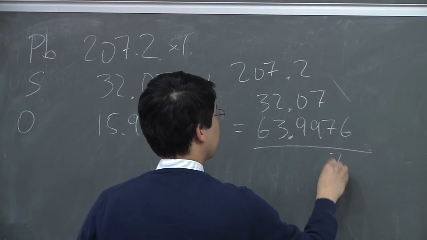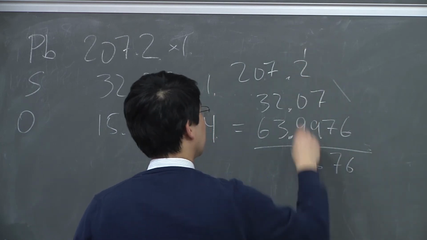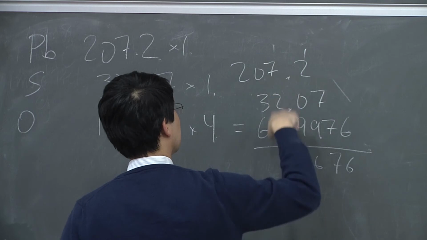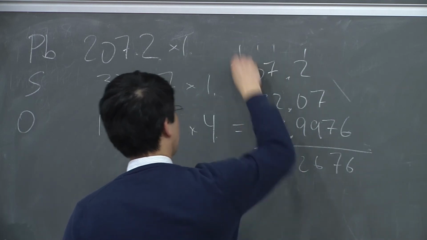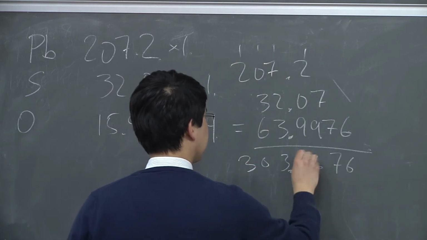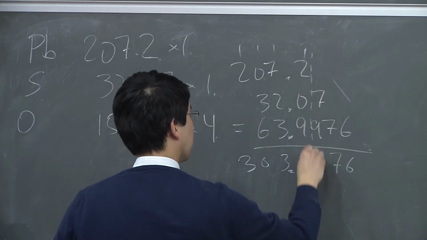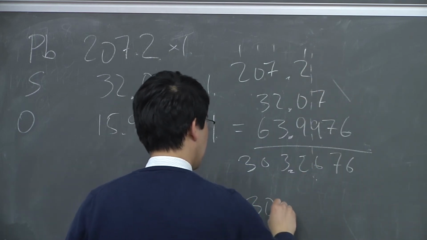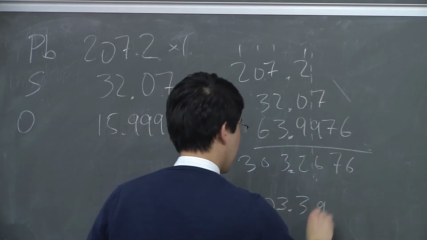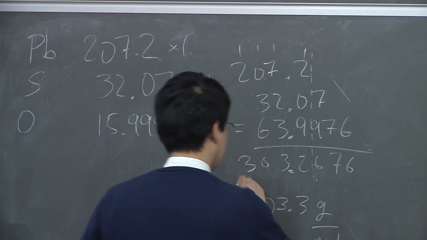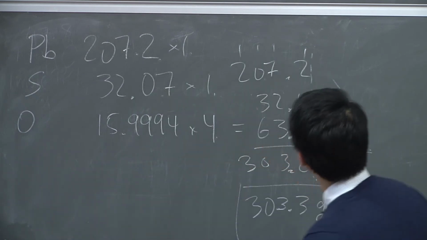So we're going to get 303.3, because we're going to cut off here. 303.3 grams per mole. We got our molar mass, right?